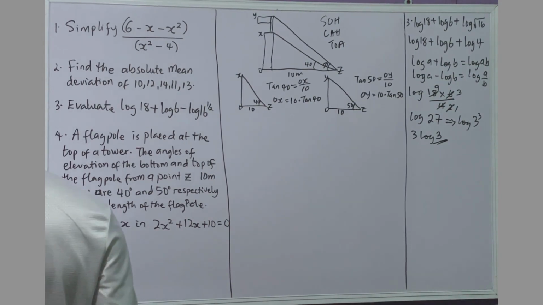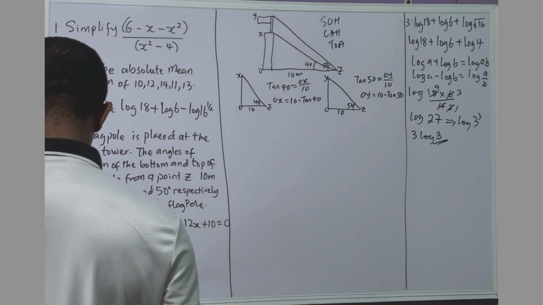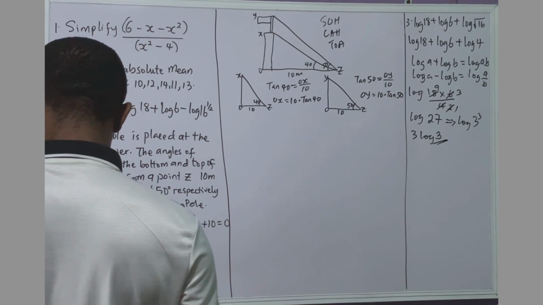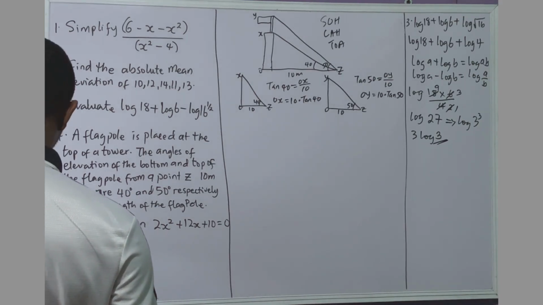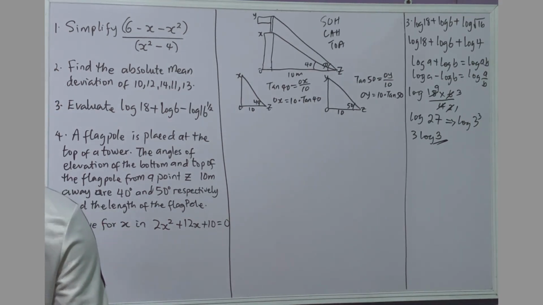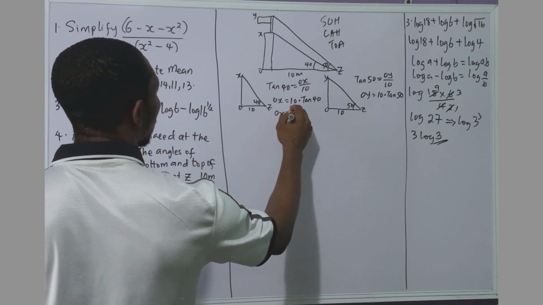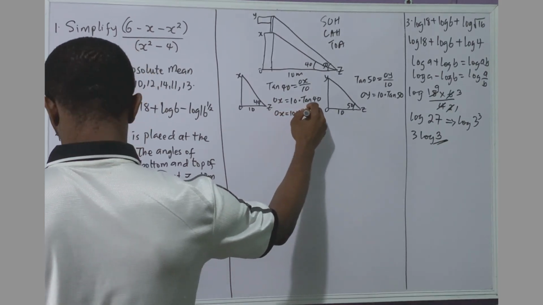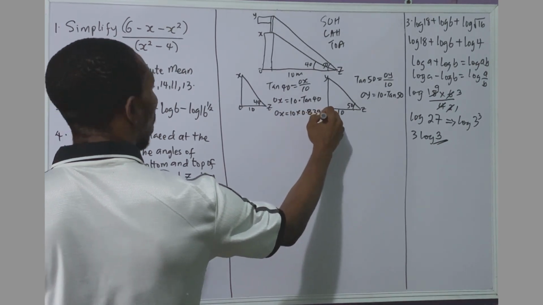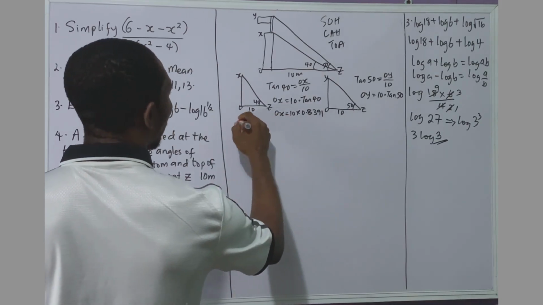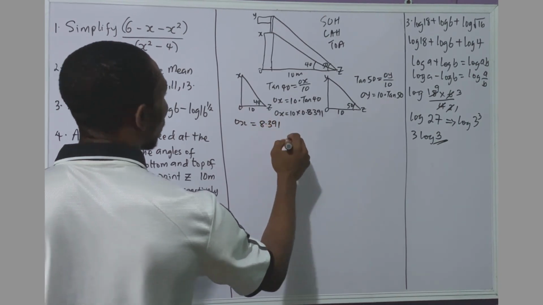So what is tan 40? Tan 40 will be 0.8391. So this gives us OX equals 10 times 0.8391, which is OX equals 8.391.